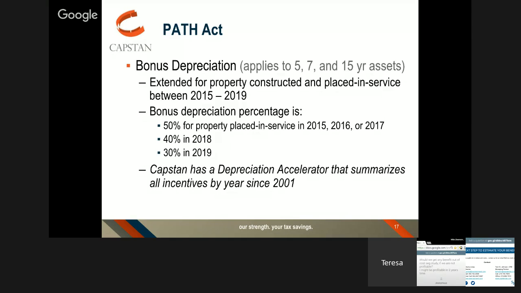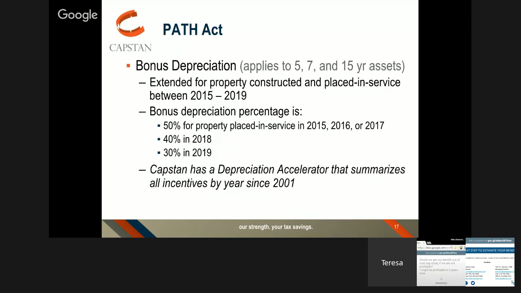So what happens is pretty much every year, the government comes out with these new acts that tell us what the incentives are going to be for that year. Recently, we got what we call the PATH Act, and they extended bonus depreciation, which applies to 5, 7, 15-year assets, really anything under the 20-year recovery life.